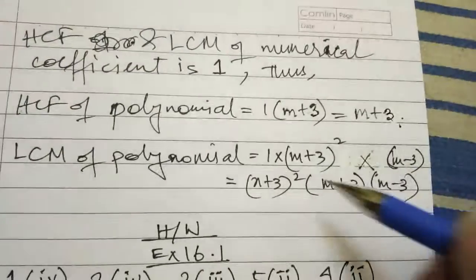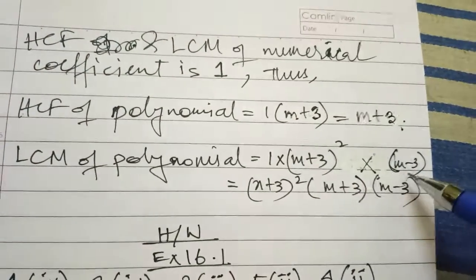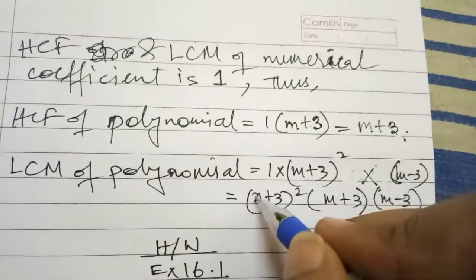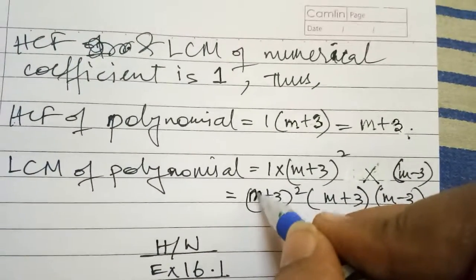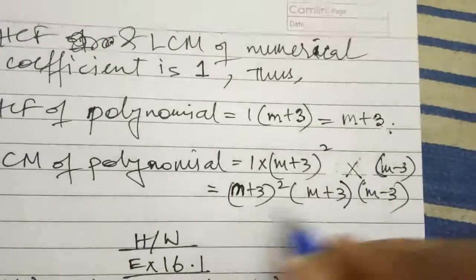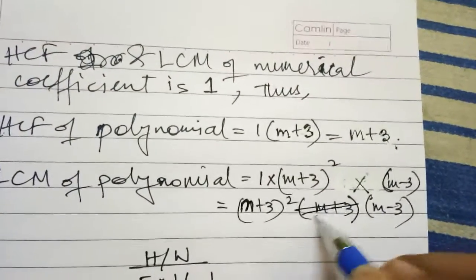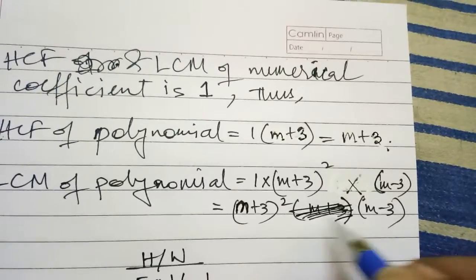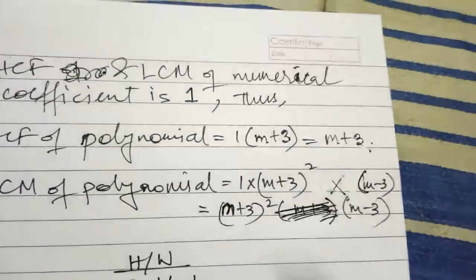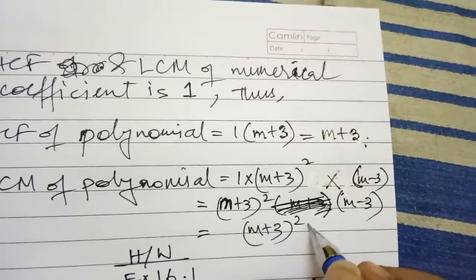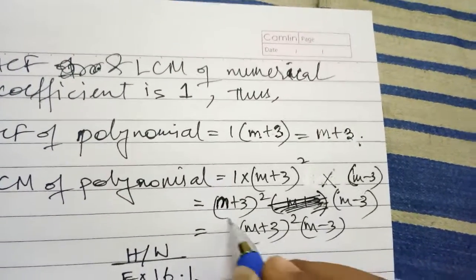And LCM will be 1 into (m plus 3) whole square into (m minus 3). Okay, the final answer is (m plus 3) whole square (m minus 3). This is the final answer.